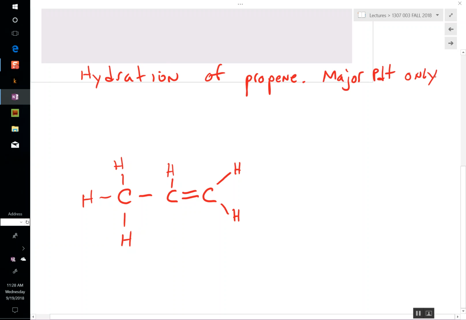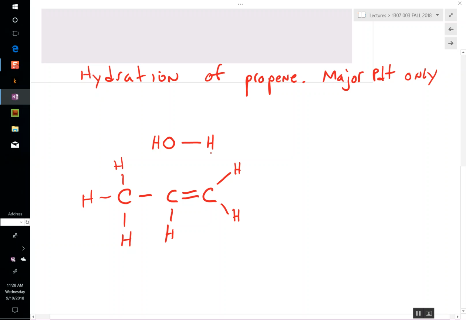So I could have a situation where here's my water. So look up on top. The water can come along here. Let's just move this hydrogen out of the way for a second so that you can see what would happen.